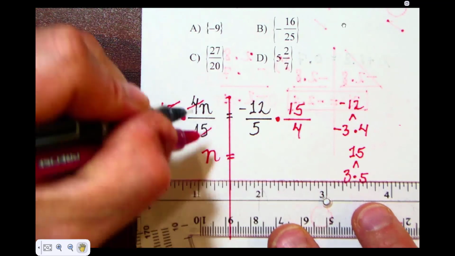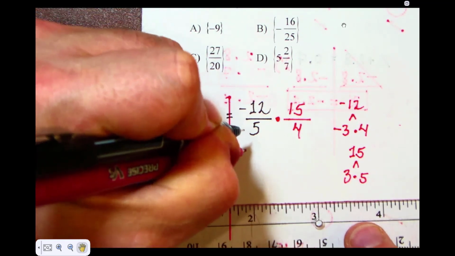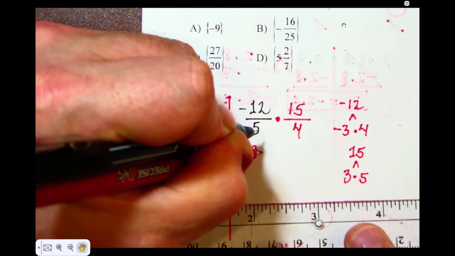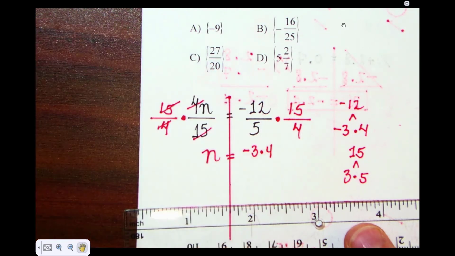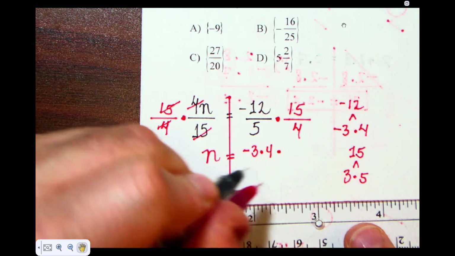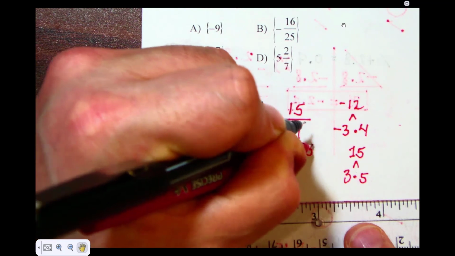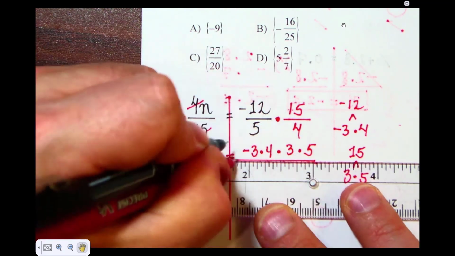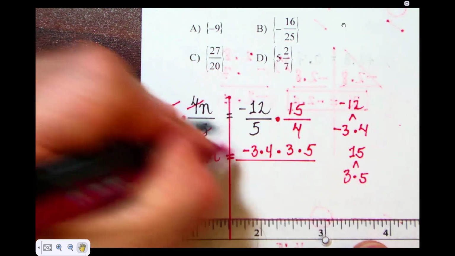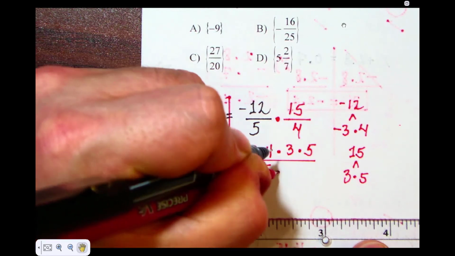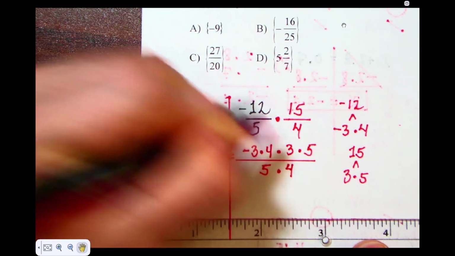Now let's rewrite this as, instead of negative 12, we'll write negative 3 times 4. Times, and just keep writing the times, and then put 3 times 5. Like this. All over 5 times 4. Just like this. Okay?